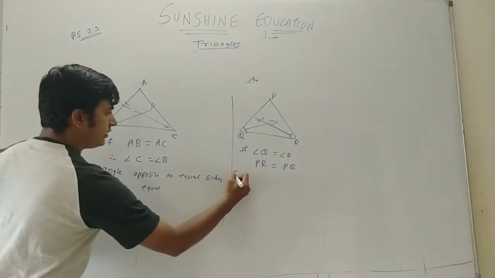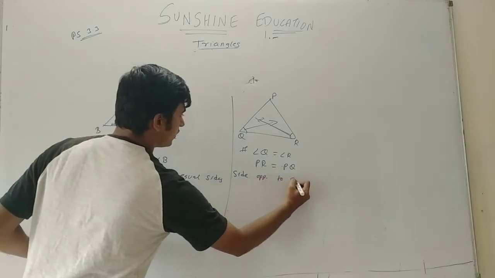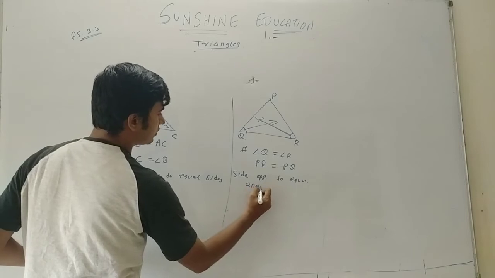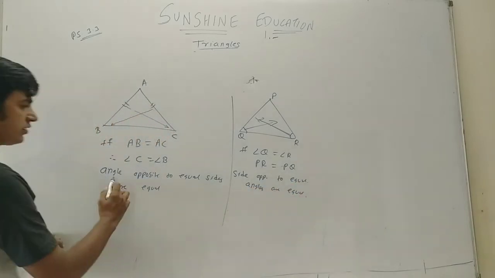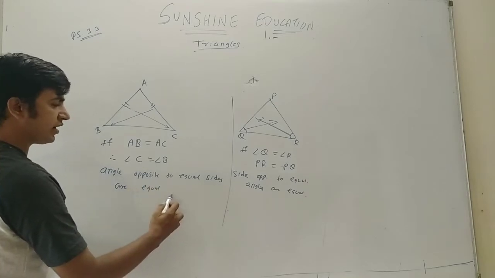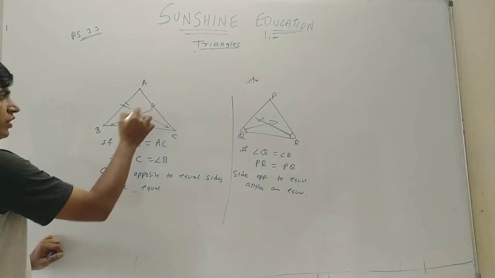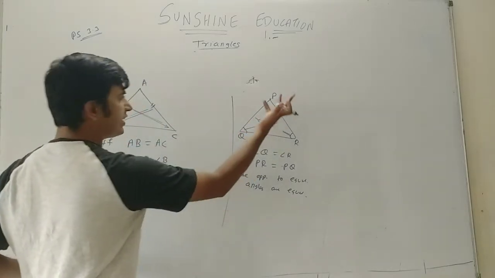Sides opposite to equal or congruent angles are equal. This is angle opposite to congruent side. Angles opposite to equal sides are equal. If two sides are equal, then angles opposite to them are also equal. And if two angles are equal, the sides are equal.